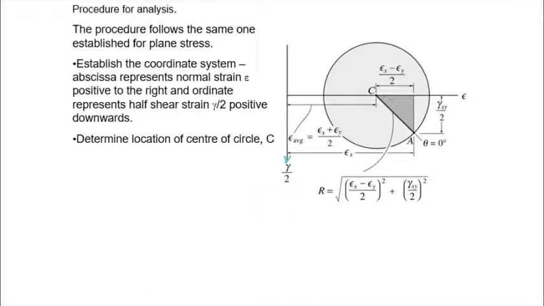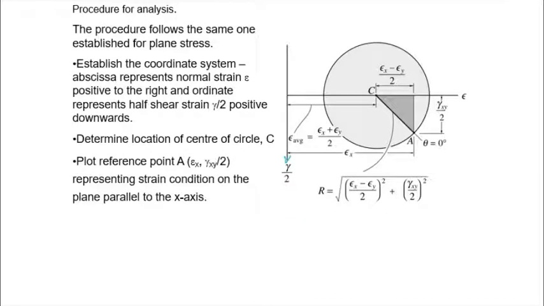Okay, so we determine C. And average normal strain is very easy to find if you know both strain X and strain Y. Then we plot point A as mentioned in Hibbeler, or if you use other texts, maybe they will call it point X. So point X will have a coordinate of strain X and gamma over 2 XY.